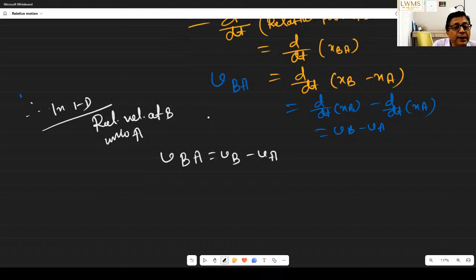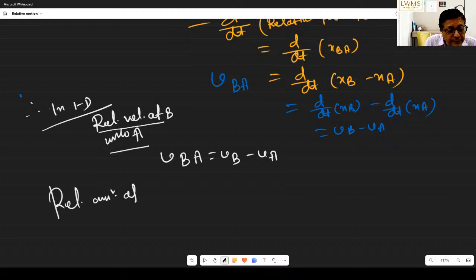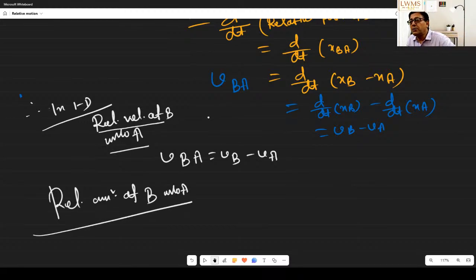So if you can define relative velocity of B with respect to A, why not relative acceleration? Relative acceleration of B with respect to A is also possible. How to apply it? Relative acceleration of B with respect to A will be ABA.